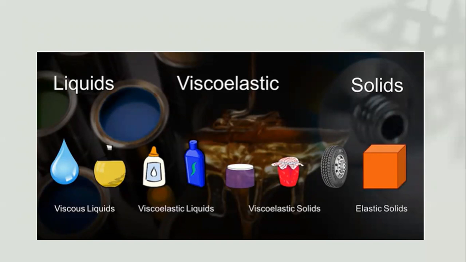These are called viscoelastic substances, such as creams, lotions, oils, honey, and you can even say tires. They have different kinds of properties: in some cases the viscosity is higher, in some cases the elasticity is higher. Like in lotions the viscosity is higher, while in tires the elasticity is higher.